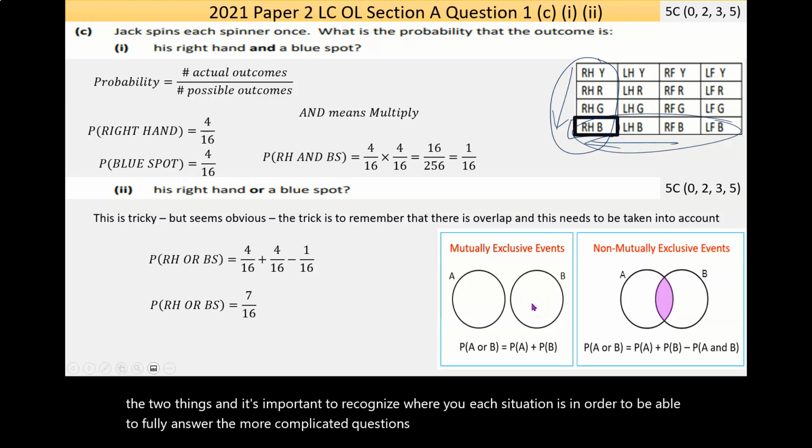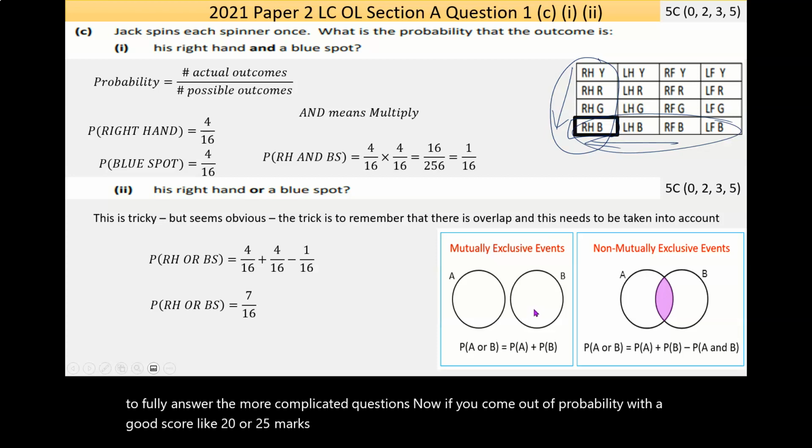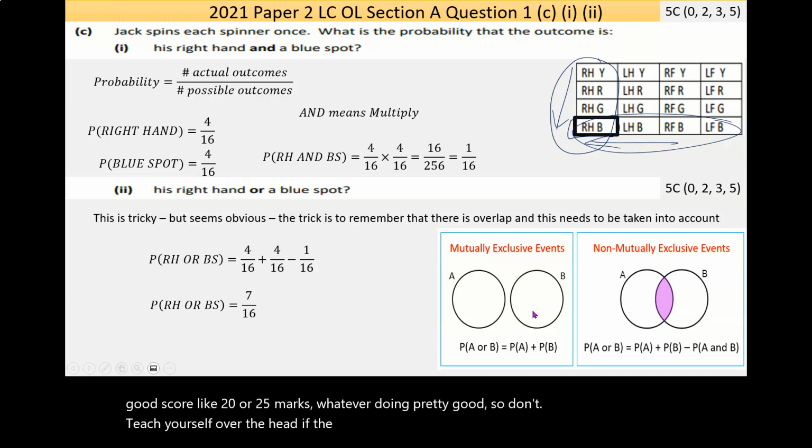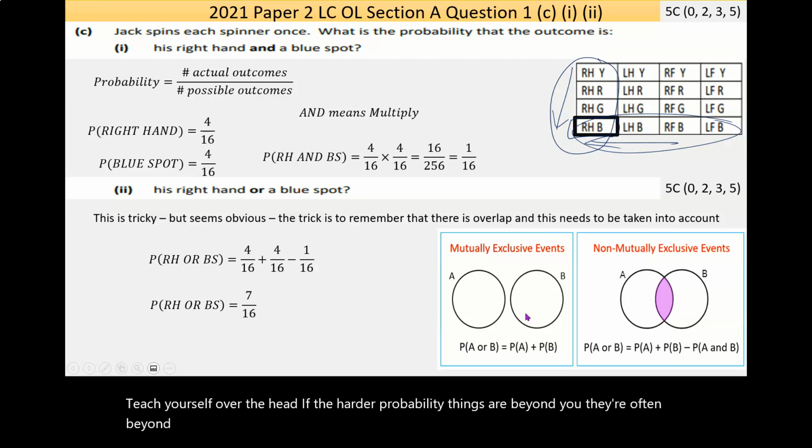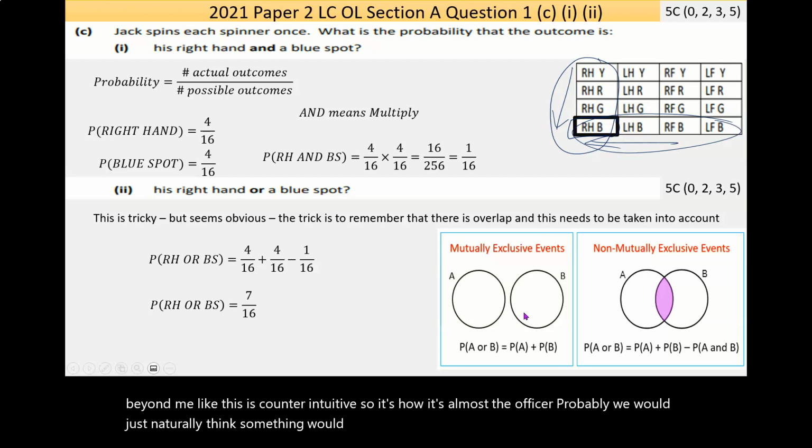Now, if you come out of probability with a good score, like 20 out of 25 marks, you're doing pretty good. So don't beat yourself over the head if the harder probability things are beyond you. They're often beyond me. It's counterintuitive, so it's almost the opposite of what we would naturally think something would be. So you have to fight against that, and half of that fight is practice.